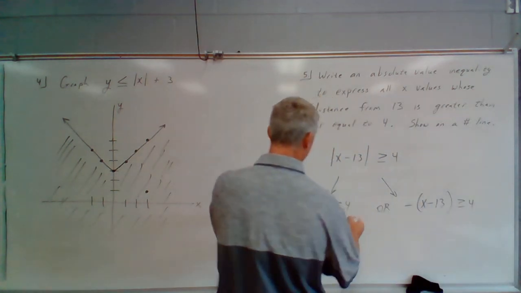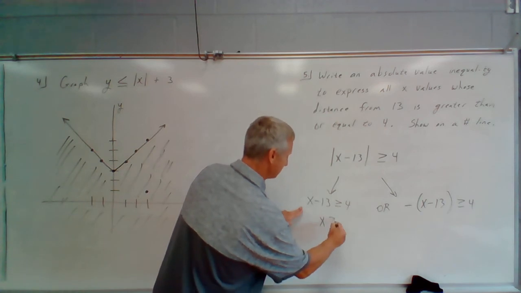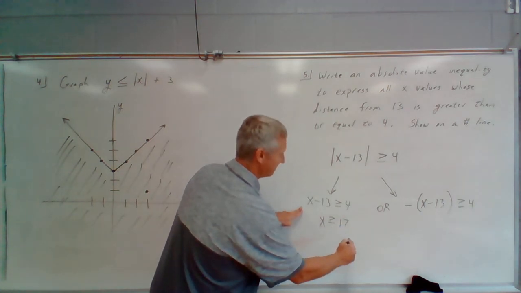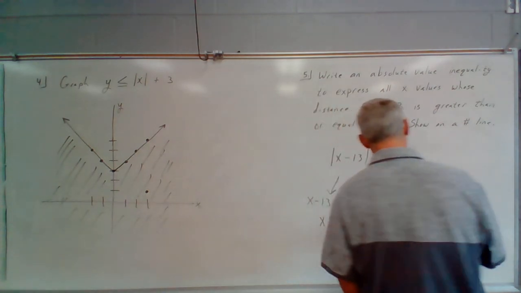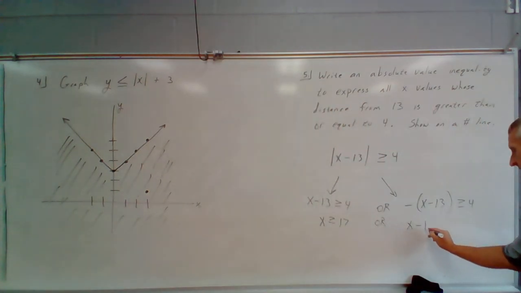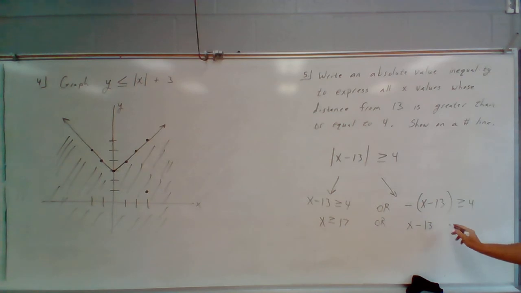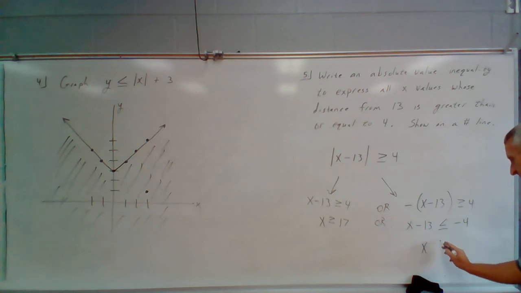I'll work it out. Add 13 to both sides. I get x is greater than or equal to 17. Or multiply by -1 on both sides. X minus 13. Remember to flip this. Less than or equal to -4. Add 13 to both sides. And I get 9.